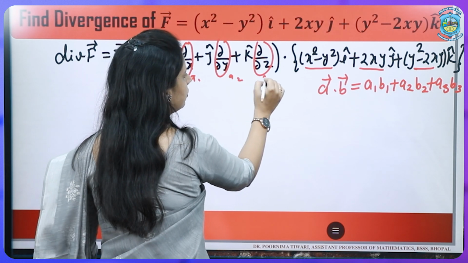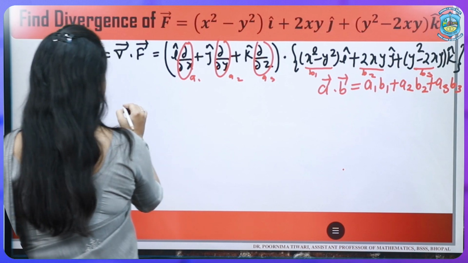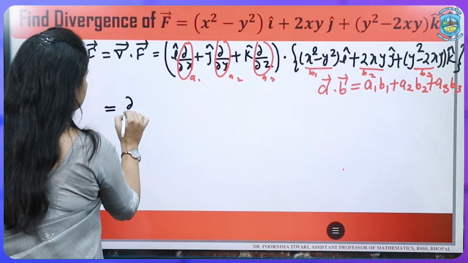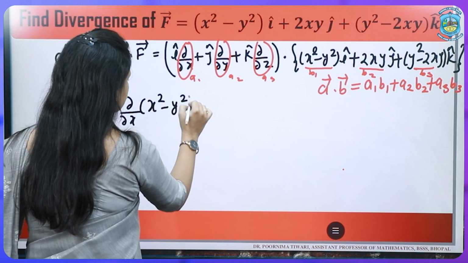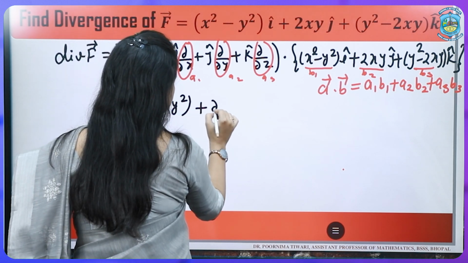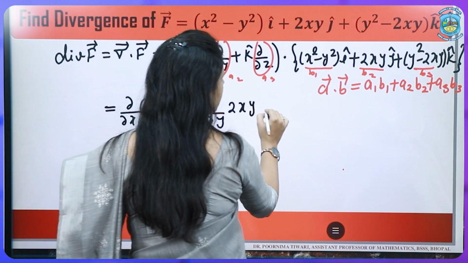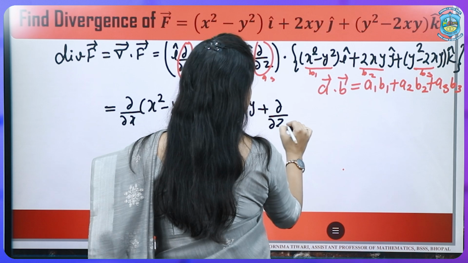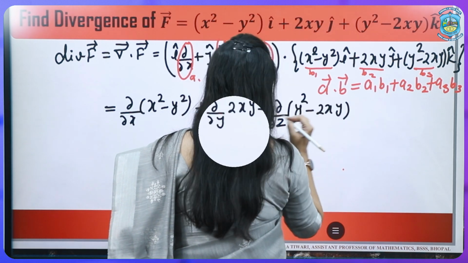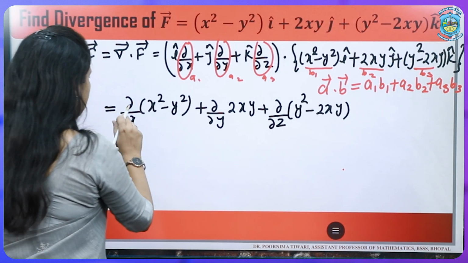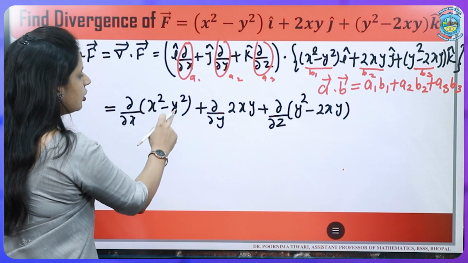Now, when we apply the formula, we will get del by del x of the function x square minus y square plus del by del y of the function 2xy plus del by del z of the function y square minus 2xy.